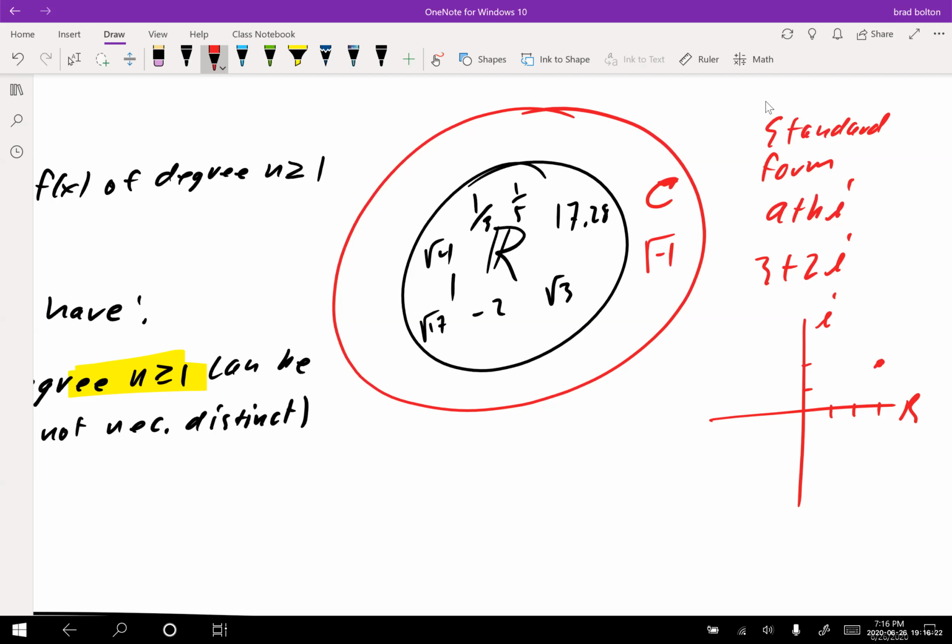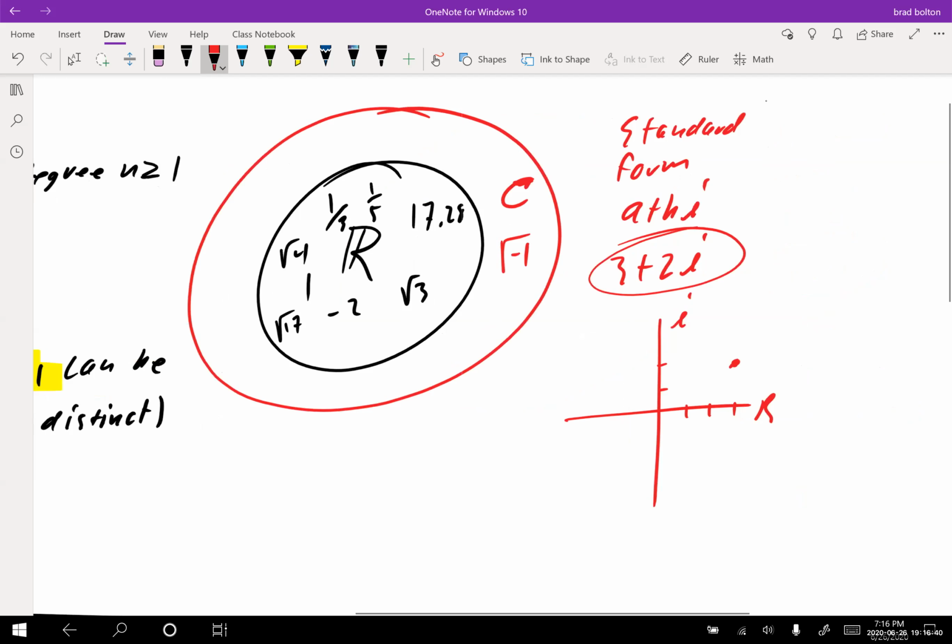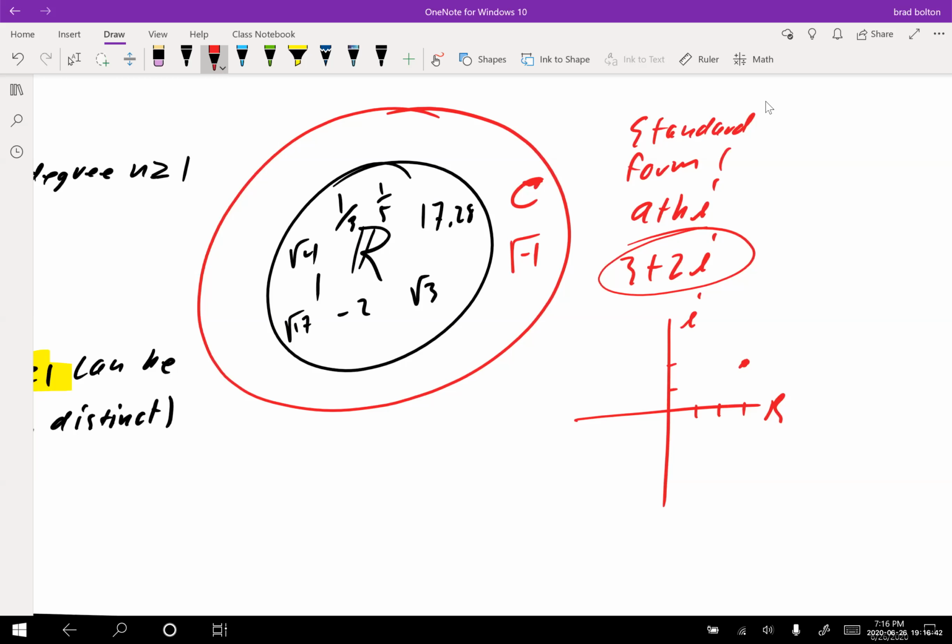So the complex number plane includes all the reals. So what we just did in 4.2 also counts for all of that. But on top of that, now it brings in complex numbers, or also imaginary numbers. Normally when they have a real component and an imaginary component, they're called complex, standard form for complex numbers.